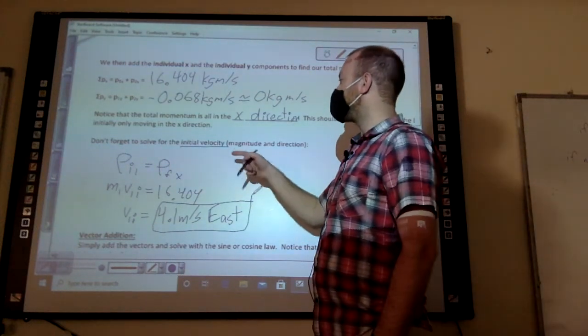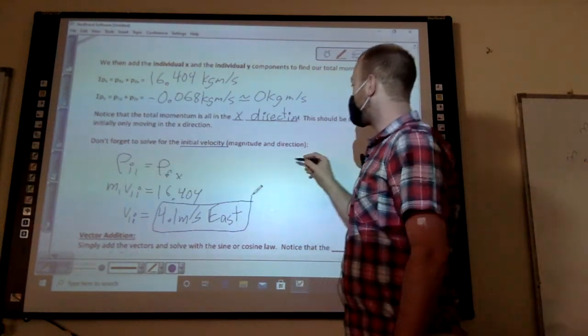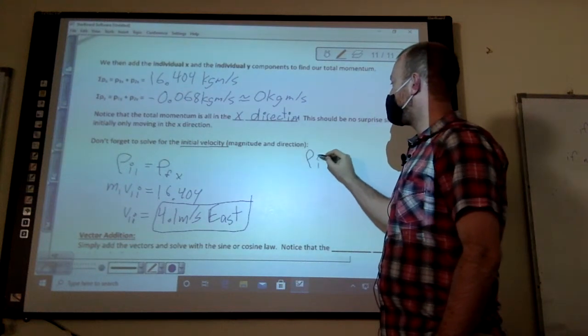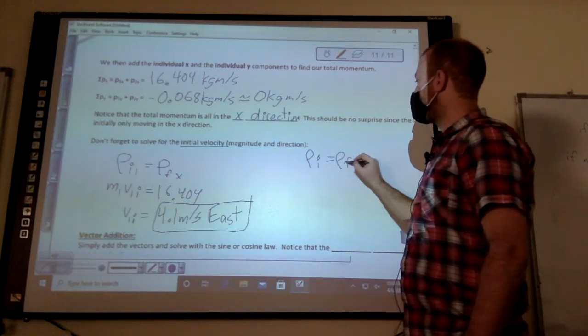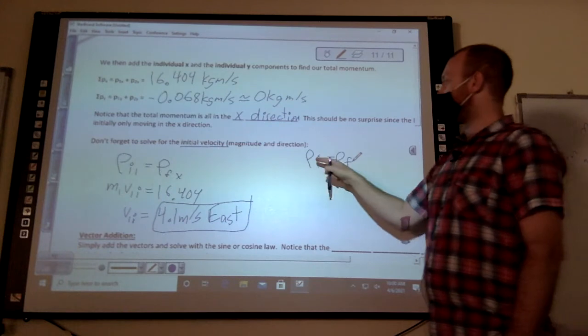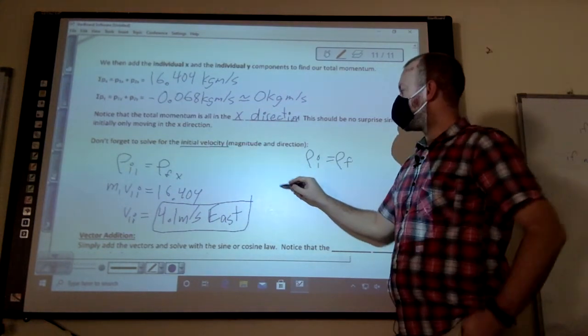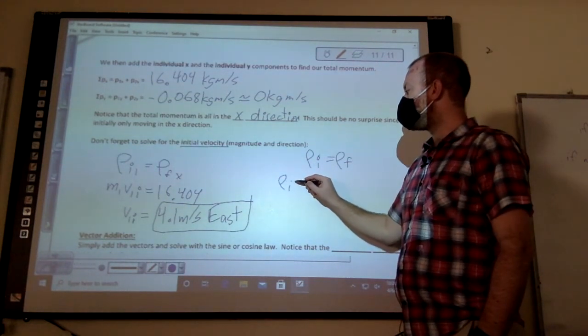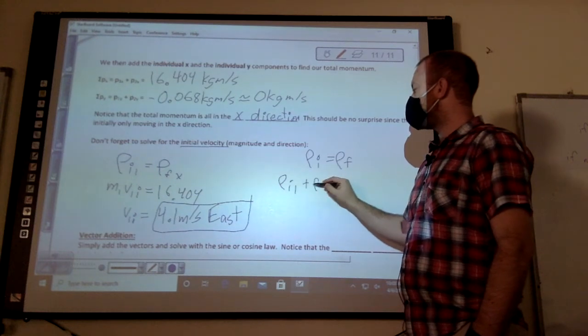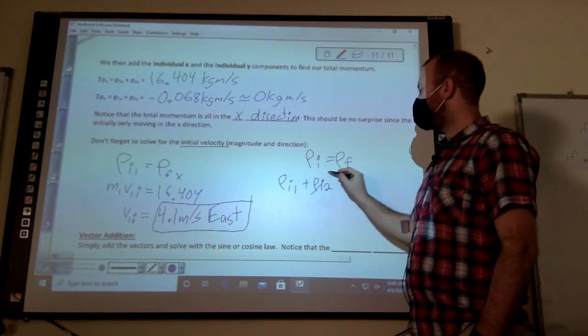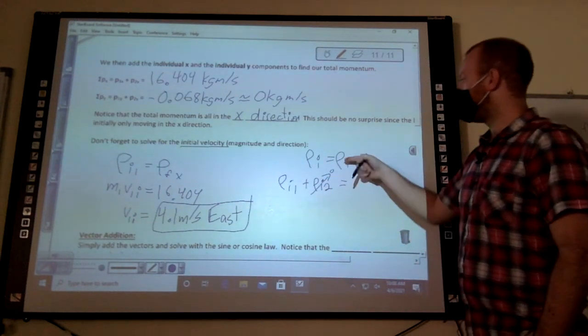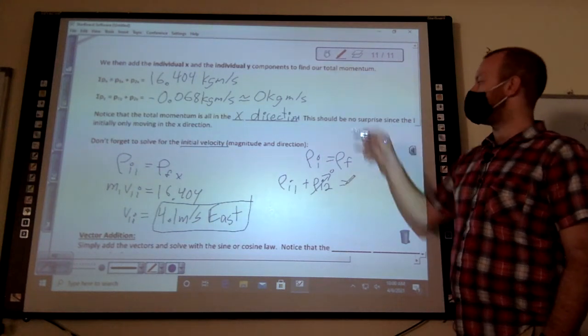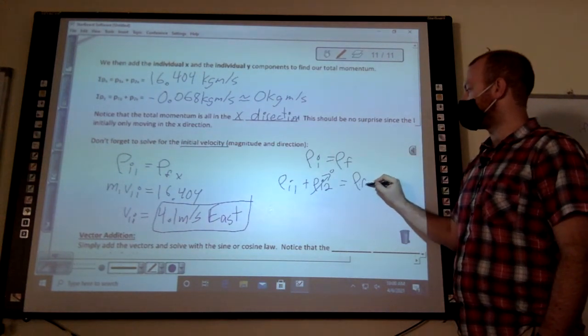To answer your question, I'm essentially taking the fact that momentum initial is equal to momentum final. My momentum initial is momentum initial 1 plus momentum initial 2, and this is 0. My total final, I just figured out, is purely in the x direction.